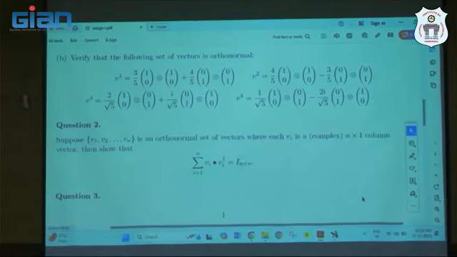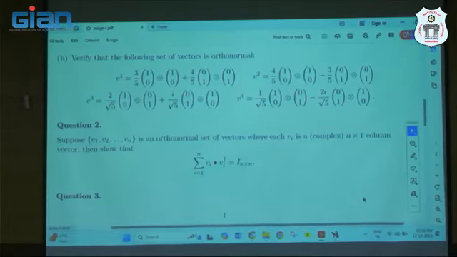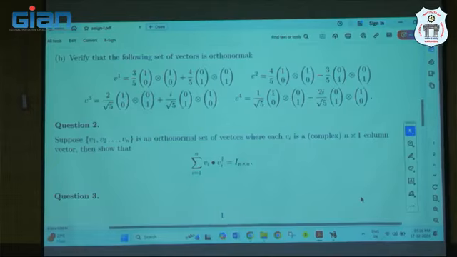Any volunteer? What about normal? Can you at least verify that they are all normal? L2 norm is 1. You can try to verify that. Anybody can try to verify that. They can also come. Just normal. L2 norm is 1.